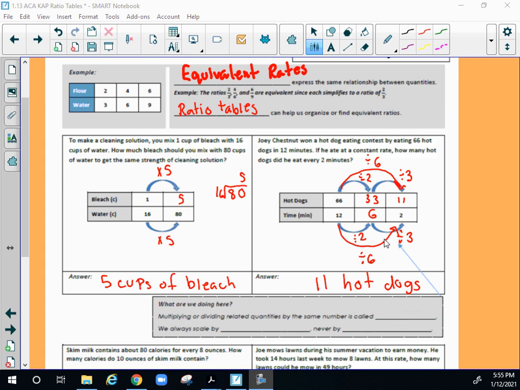All right, so the next part of our notes says, what are we doing here? Multiplying and dividing related quantities by the same number is called scaling. Y'all have already learned the term scale factor, and we use a scale factor when we are scaling.